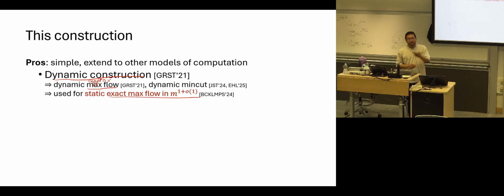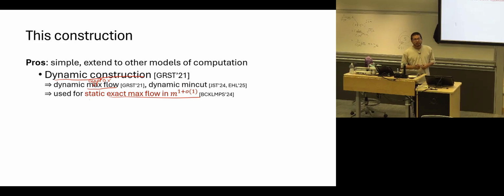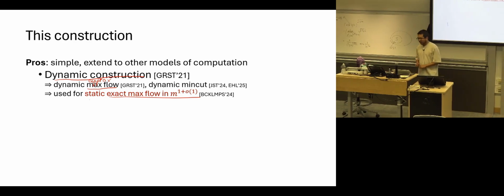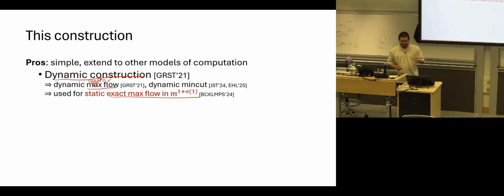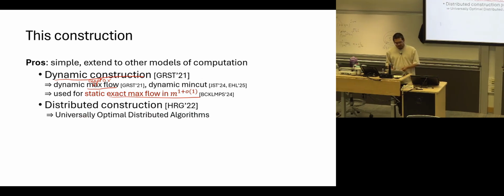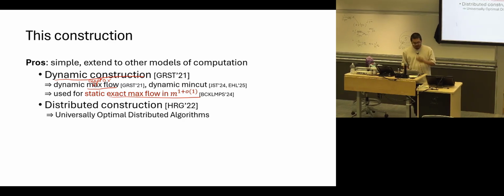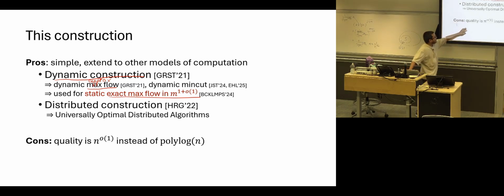Yep. Here we are calling max flow, so isn't it circular? There is a way to build this, which you will see maybe in the next 3 weeks, without calling max flow as a black box. Also, you can use it in the distributed setting and get some distributed algorithm. But the con is that the quality is n to the little o(1).